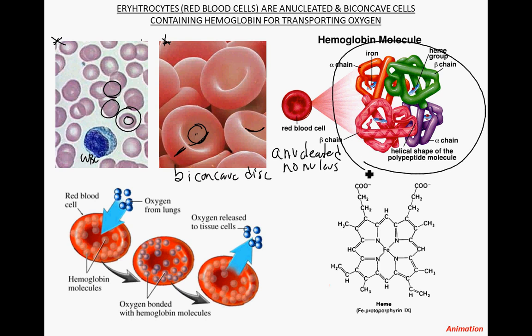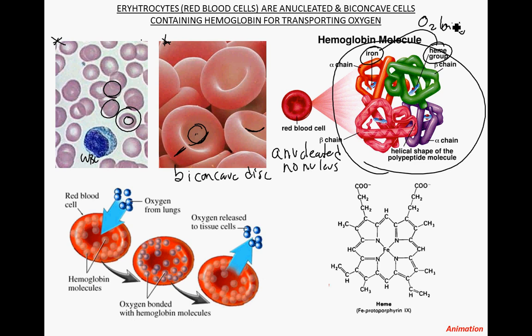So this is a hemoglobin molecule. And the important part of this is this iron atom right here that's part of this heme group. And this is where oxygen is going to bind. Right? So this heme group and this iron, O2 binds right to that part right there.